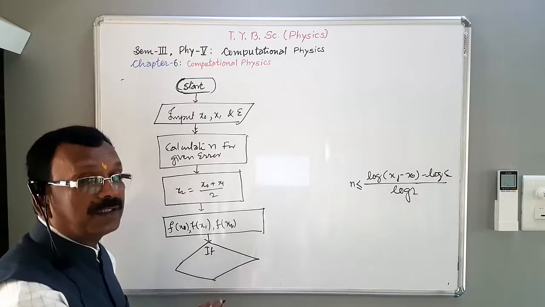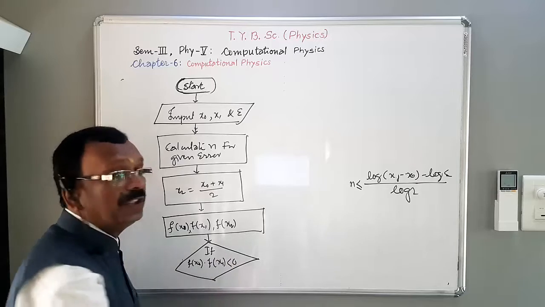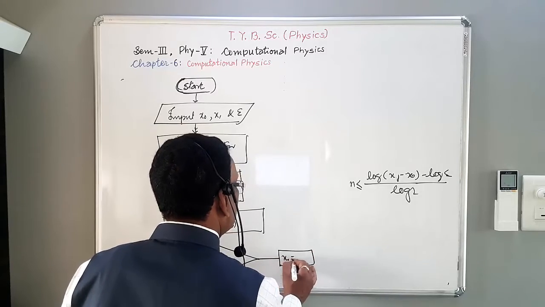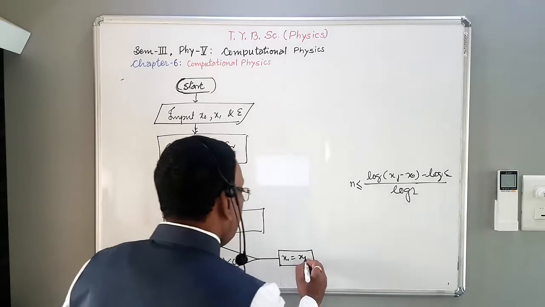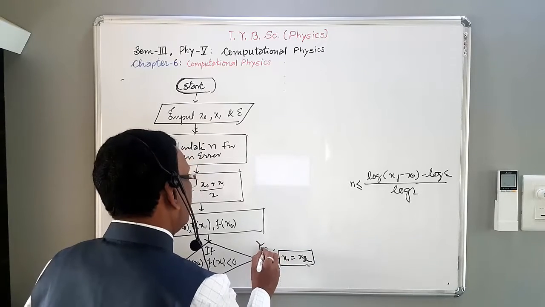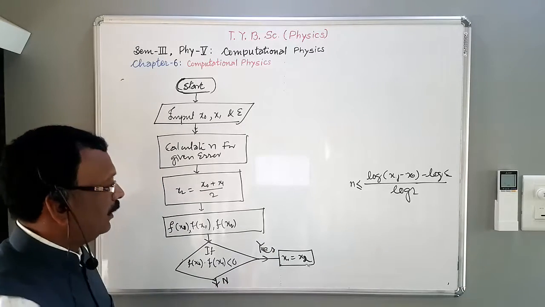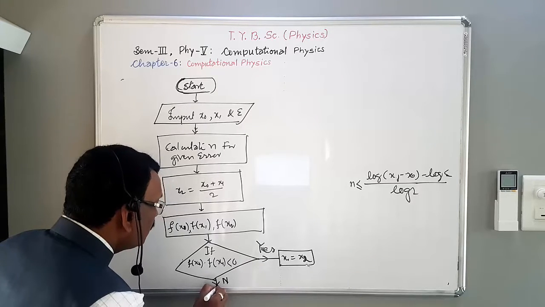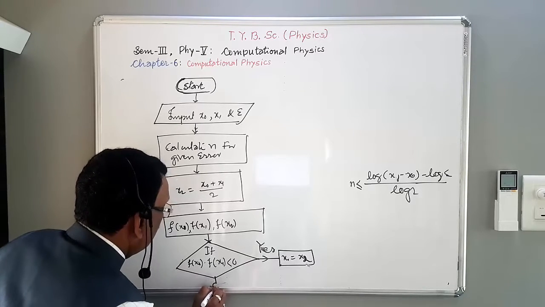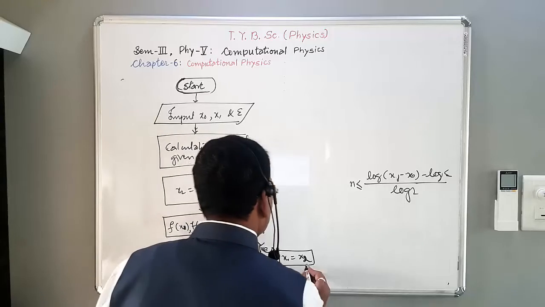If f of x0 into f of x1 is less than 0, if yes, then replace x1 by x2 when the if condition is true, and when the condition is false, then go further, that is no. Due to lack of space, we are making a continuation block here.